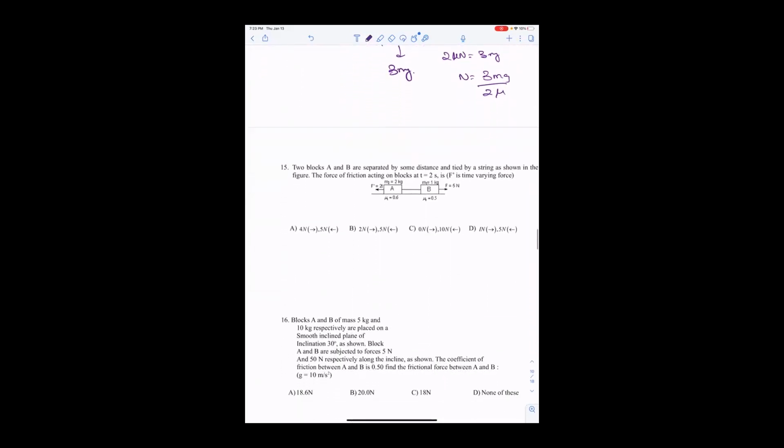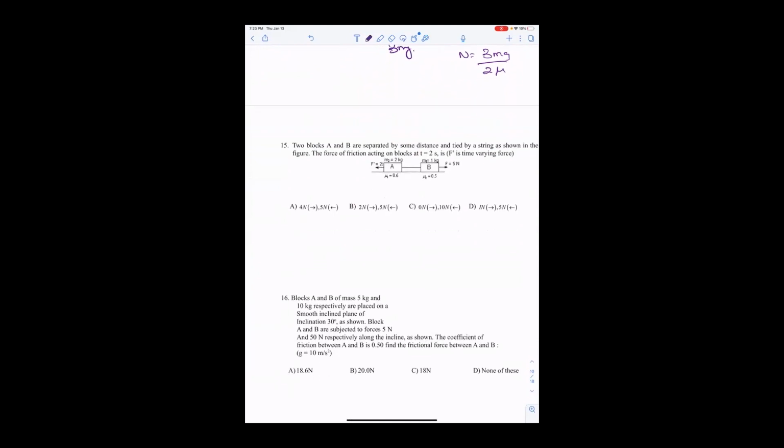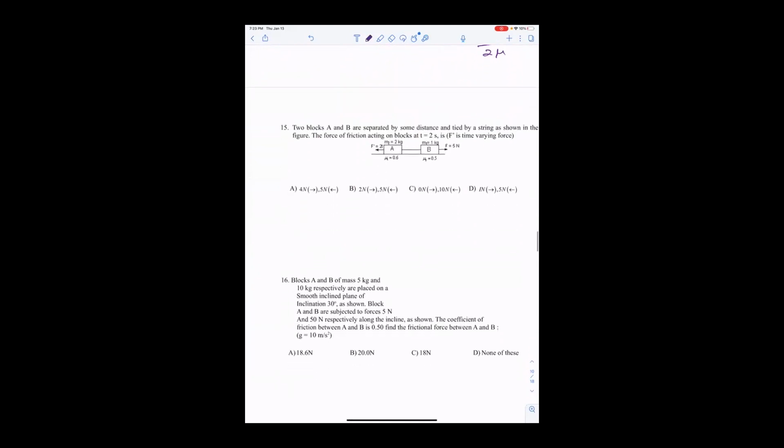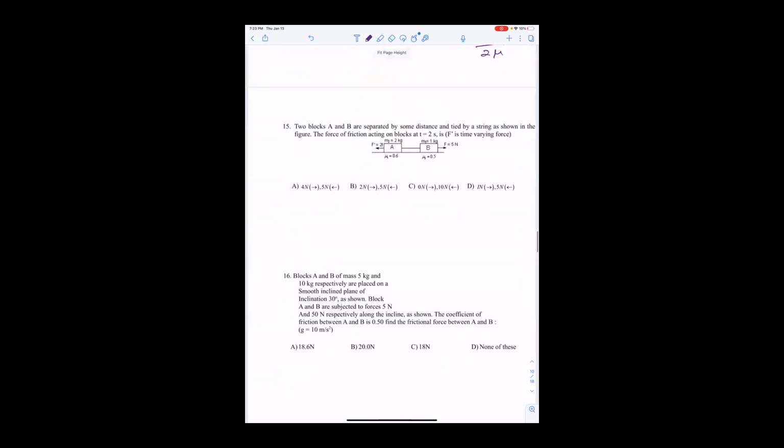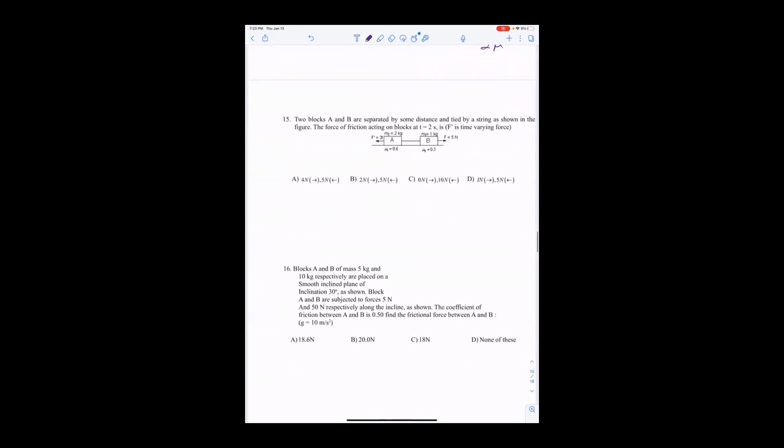Two blocks A and B are separated by some distance and tied by a spring as shown in the figure. The force of friction acting on the block at t equal to 2 seconds is? So he's asking at t equal to 2 seconds. F dash is 2t. It is not constant. This is lengthy, so I would ask you to take a screenshot.